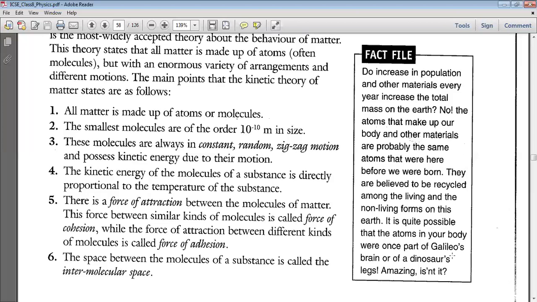The atoms do not actually change, only the form changes. Doesn't it sound very interesting? So when some organism dies, the atoms are recycled into other forms.